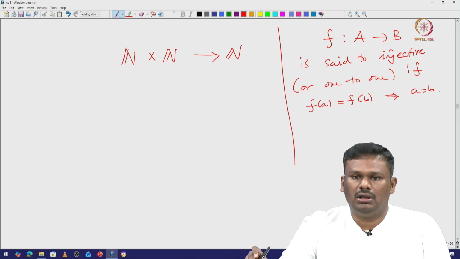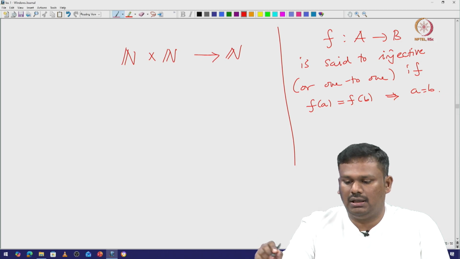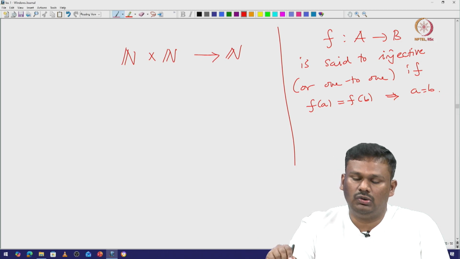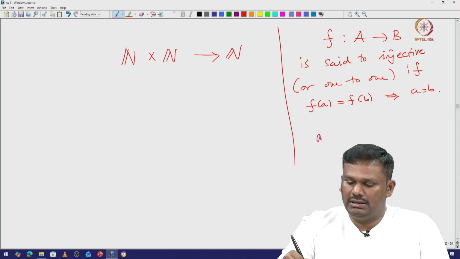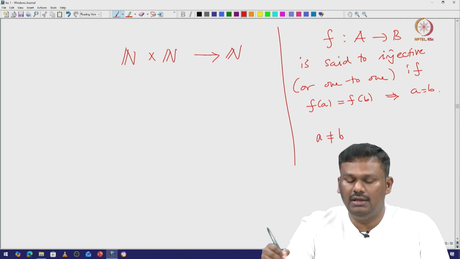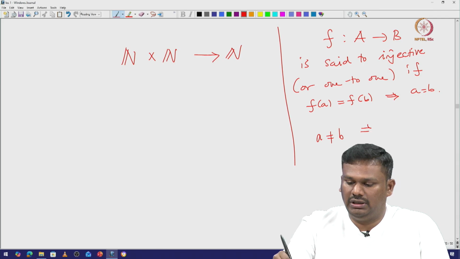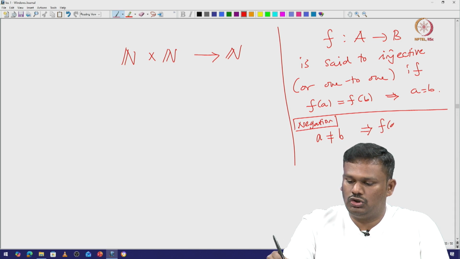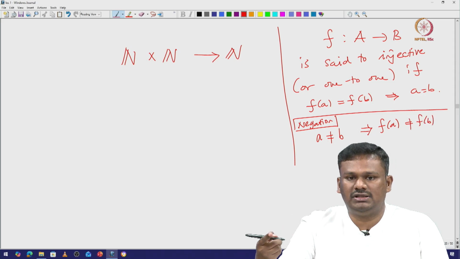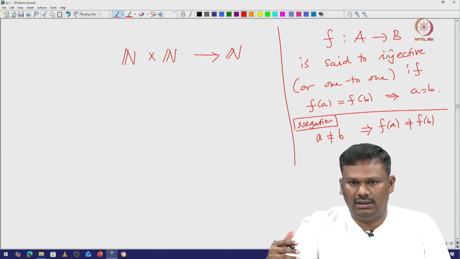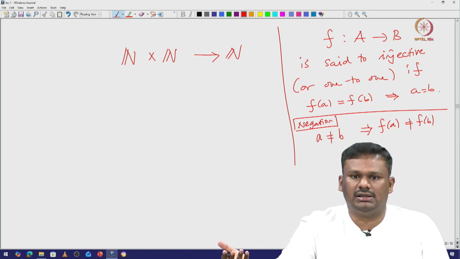That means, if you take the negation, okay, whenever you take a different from b, then f of a should be different from f of b. So, if you take two elements which are distinct in the domain, then their images also should be distinct. So, that is what we are expecting.